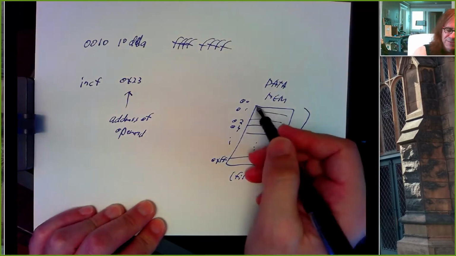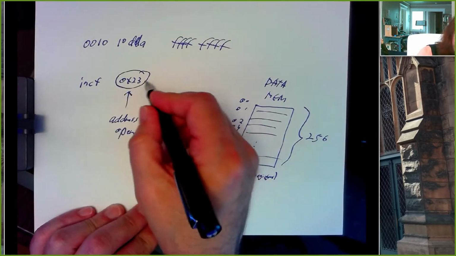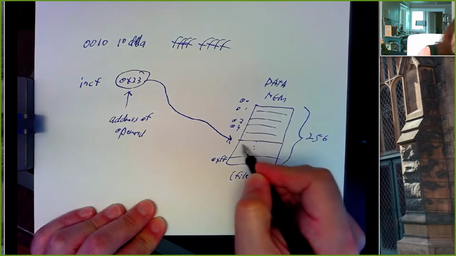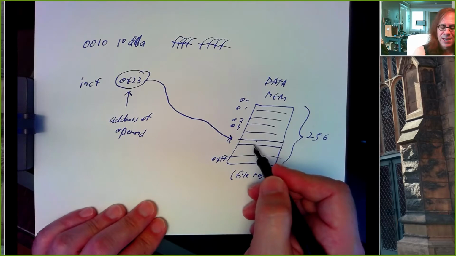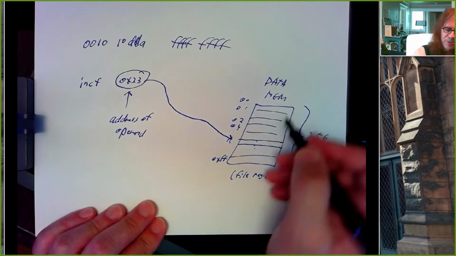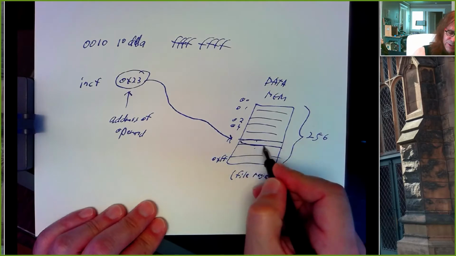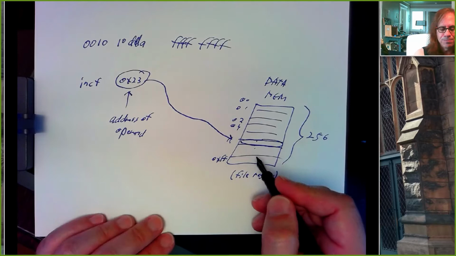So we have 256 file registers, and this 0x23 is pointing to a location in this bank of data. At location 23 hex, so 35 from the top, this is the thing that we're trying to increment. Whatever value is in there, add 1 to that value.